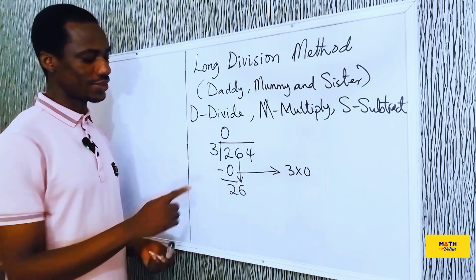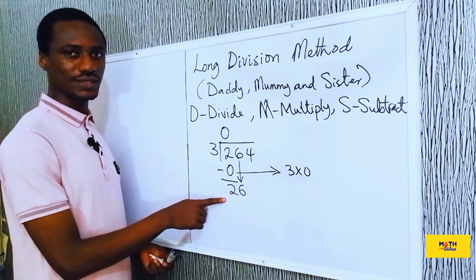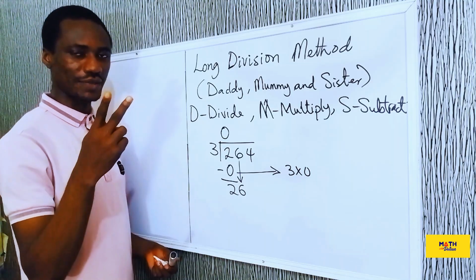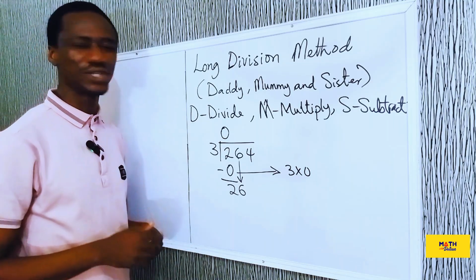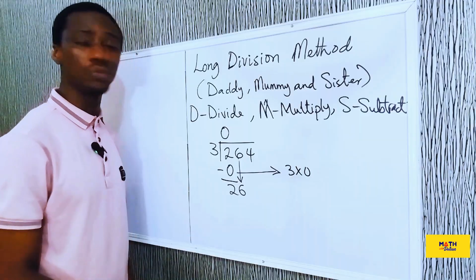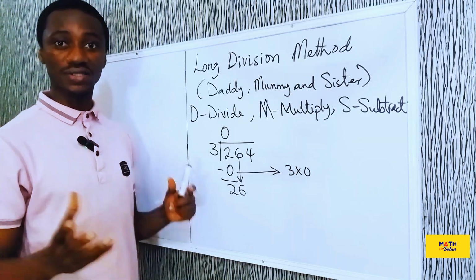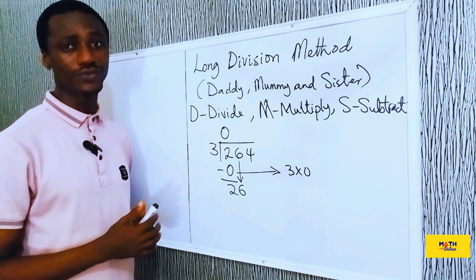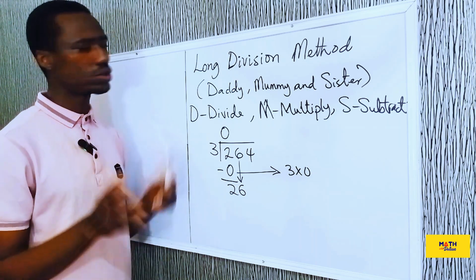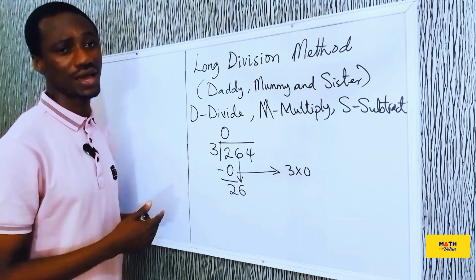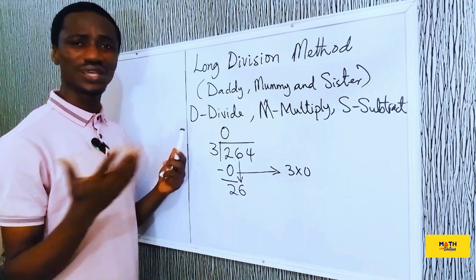So I know I can get 3 in 26 8 times just by knowing my multiplication table. That is why knowing your multiplication table is a must. You just have to know it. We don't memorize much in math, but this, you just have to know.